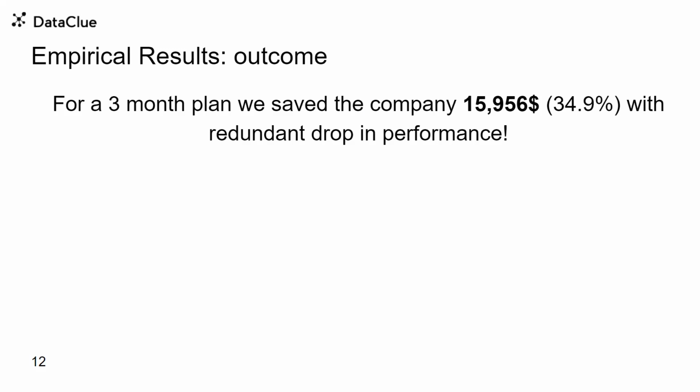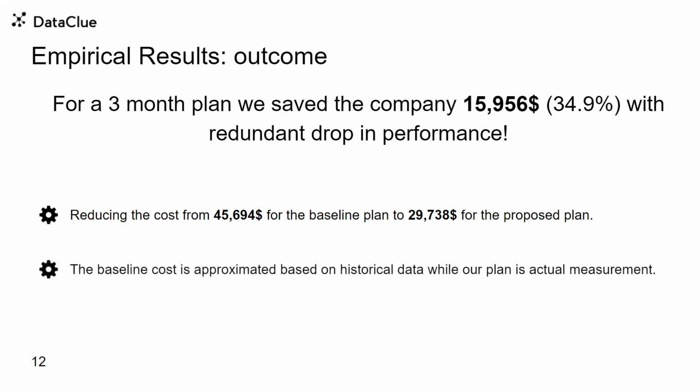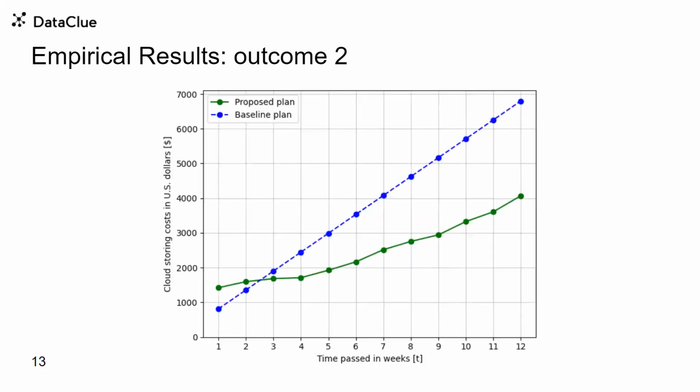Just storing the data, 35% of the original cost, or the estimated original cost, reducing it from 45,000 something to 29 something thousand using the proposed algorithm. It's fair to mention that the baseline cost is approximated based on historical data, while our plan is actual measurements. We cannot measure both of them because the company would have to pay for both options just for measurements.